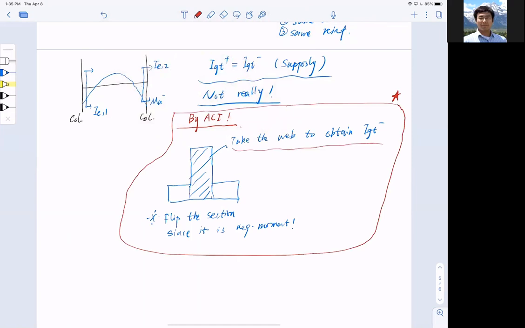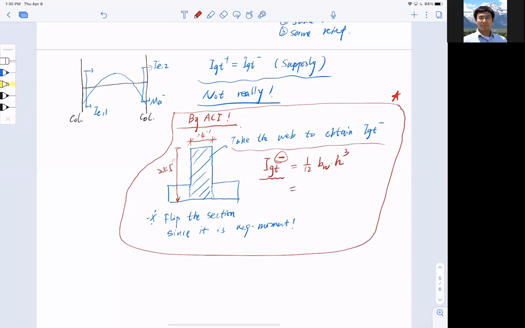Remember, this is 14 inches and the total height is 24.5 inches. So IGT negative, I'm using red color, you should be careful, only when you have a negative bending moment, is 1/12 b_w h to the power of 3.